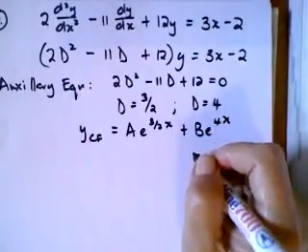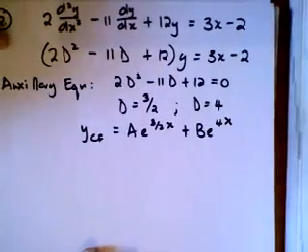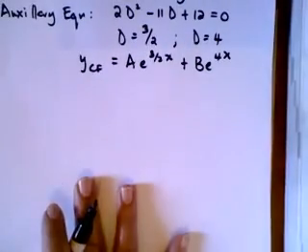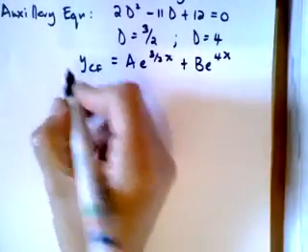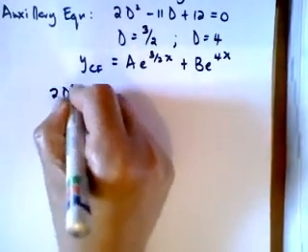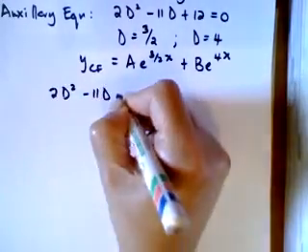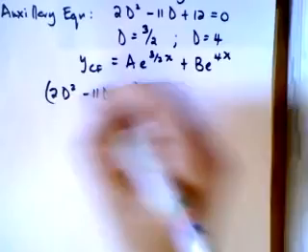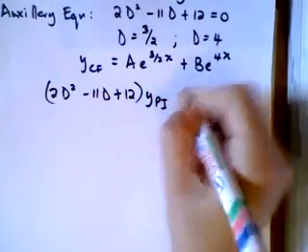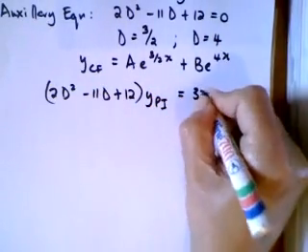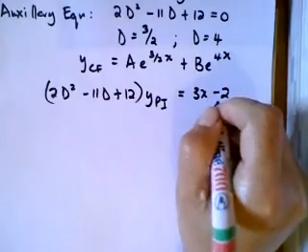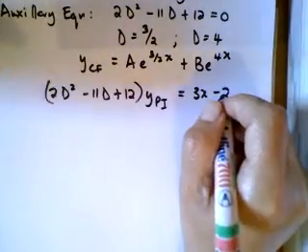Okay, now let's move on to the particular integral. So the particular integral is going to be 2D squared minus 11D plus 12 times y_p equals 3x minus 2, right?